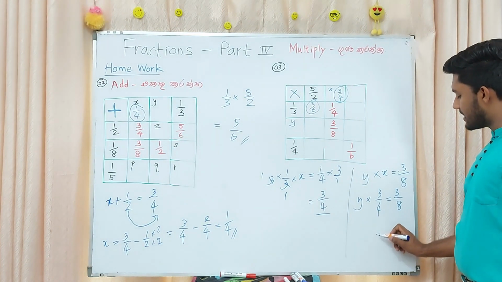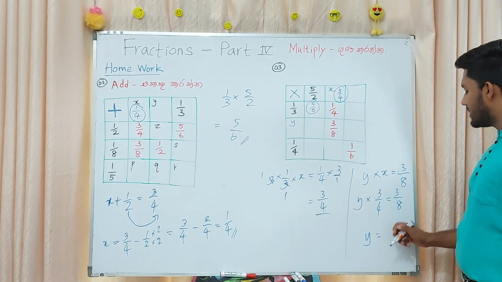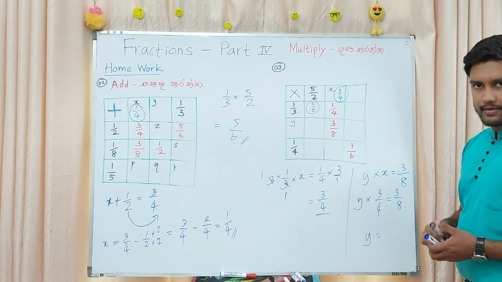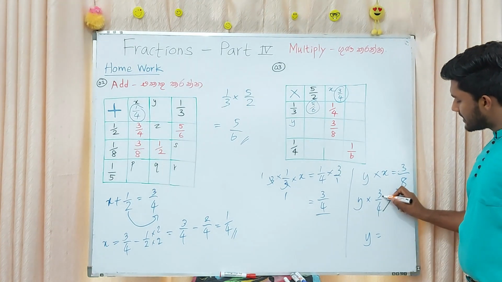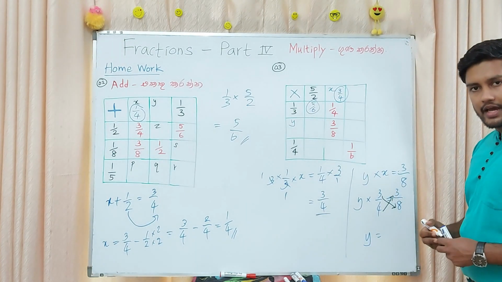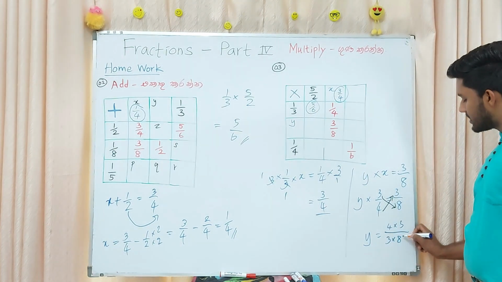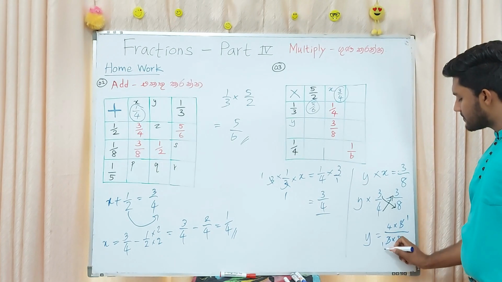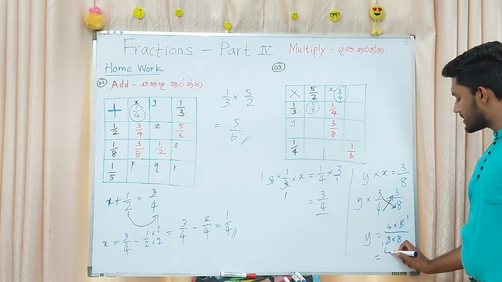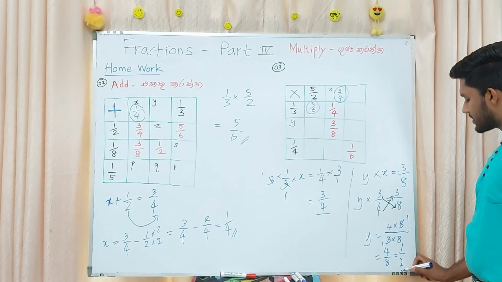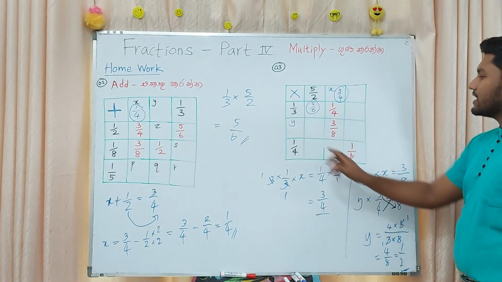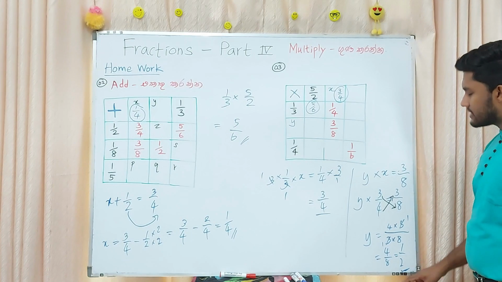Then we can get the answer y by doing the cross multiplication. 4 can be multiplied by 3, 3 can be multiplied by 8, then 3 into 1, 3 into 1 we can cut. The answer is 4 over 8, or else 1 over 2, half. Here the value of y is half.